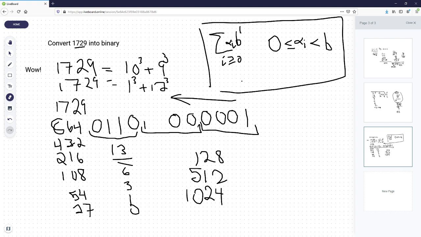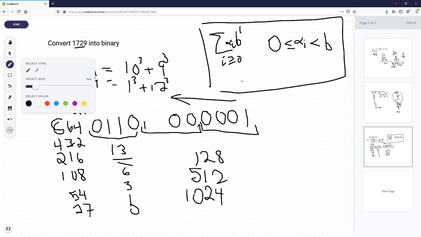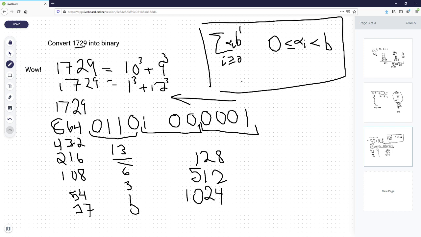Is it this bit? Okay, well, what if I had done this one? So if I had just done this, then, okay, that doesn't make sense. Yeah. Okay, so this added together only gets us to 1665.